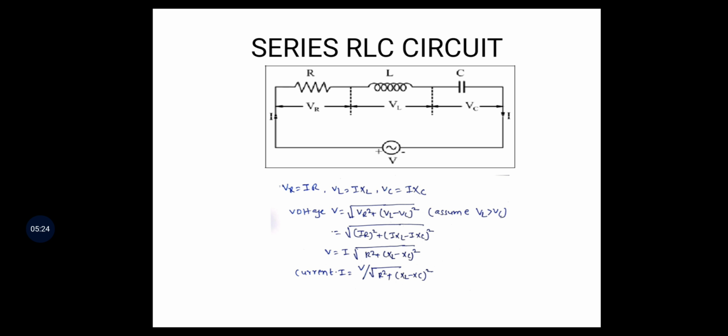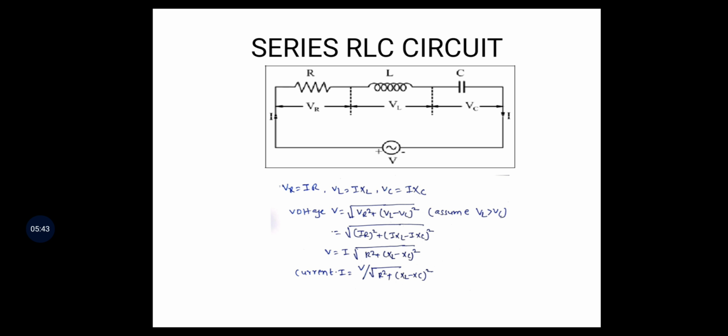Then V equals the square root of IR squared plus IXL minus IXC whole squared. Here I is common, so V equals I times the square root of R squared plus XL minus XC whole squared.